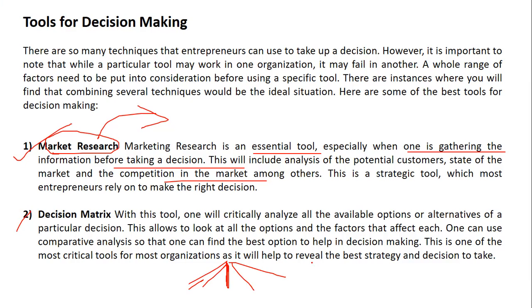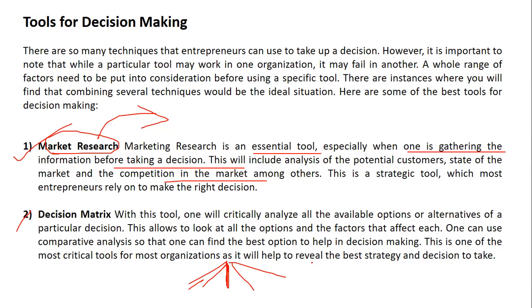When you're listening to the lecture, I hope you are writing down all the important points. For example, the decision matrix basically not only analyzes, but also compares. When we say market research, it helps you to ensure that you are gathering the information before you take a decision.